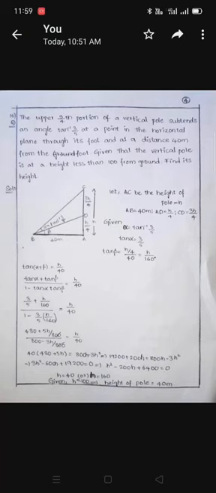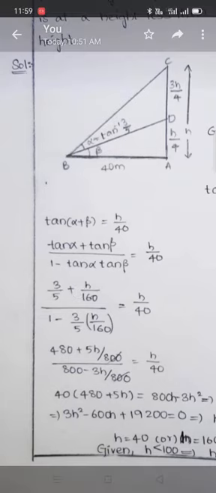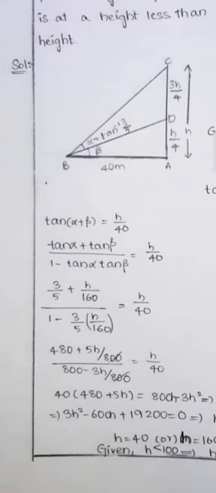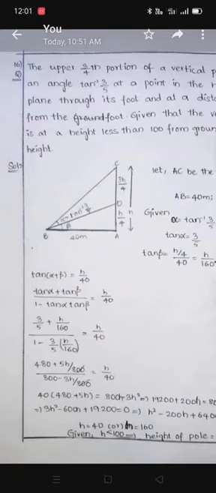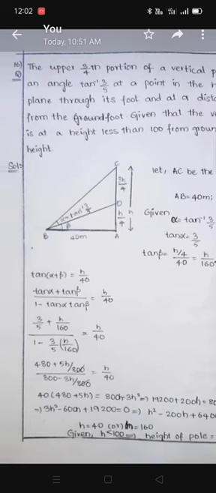And now let us observe this LHS part. In the numerator and the denominator we take the LCM 800. Taking 800 as the LCM in the numerator, we get 480 plus 5h divided by 800, total divided by 800 minus 3h divided by 800, is equal to h by 40.